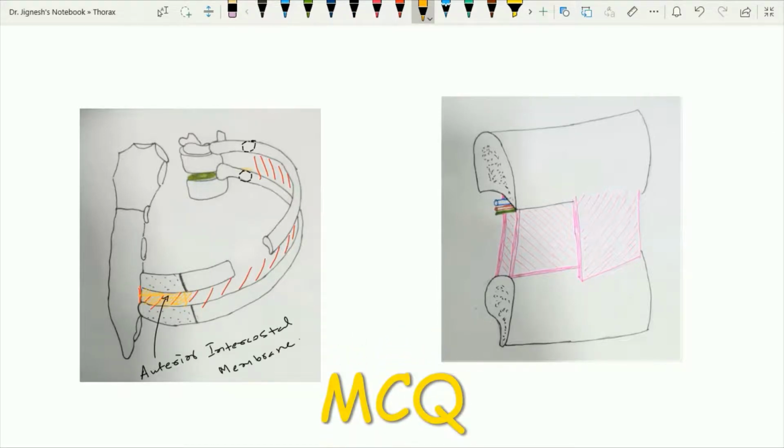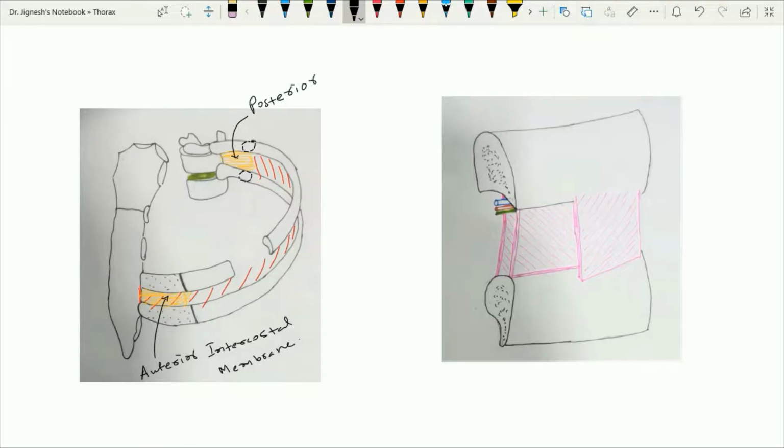And posteriorly, this muscle is continuous with the posterior layer of the costotransverse ligament. So posteriorly, this external intercostal muscle blends with this ligament, and that is the posterior layer of the costotransverse ligament.